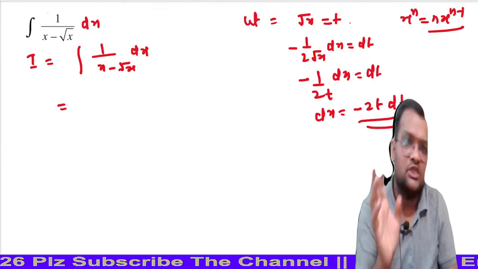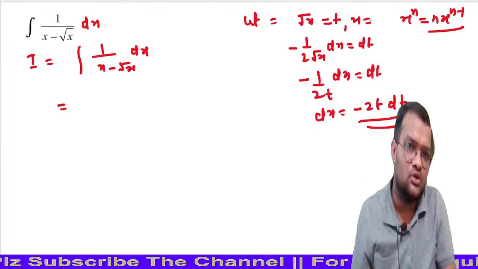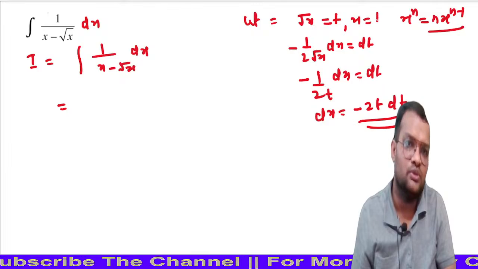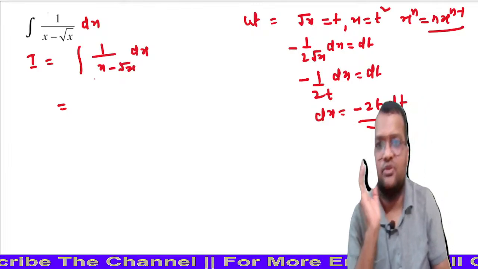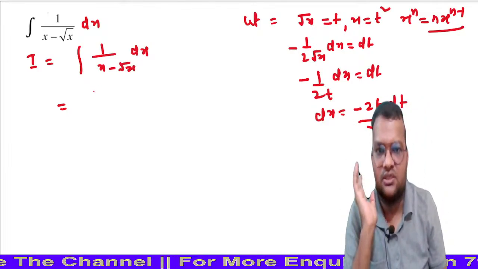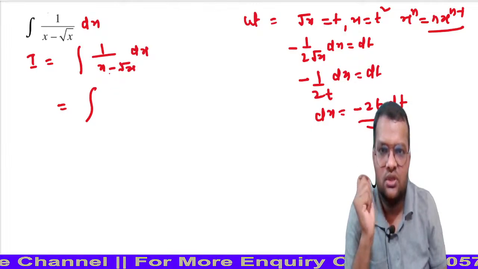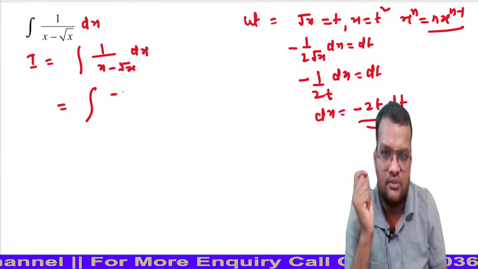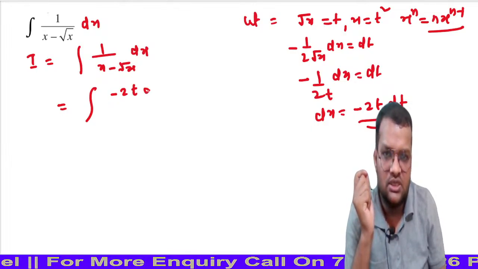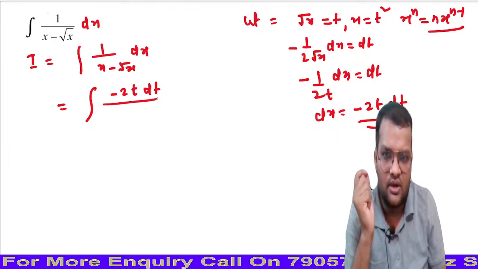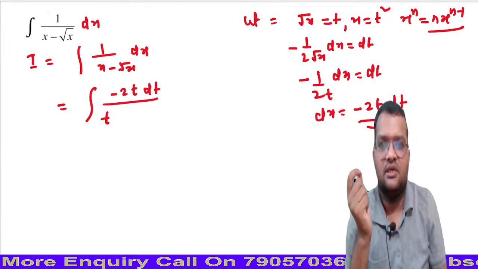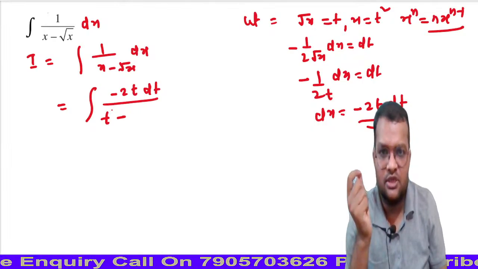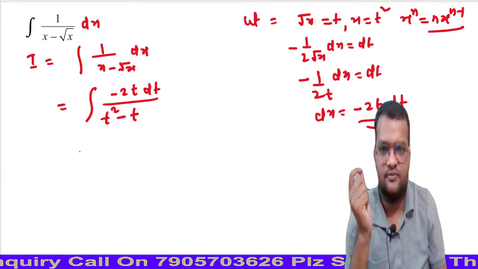And root x is equal to t, so x is equal to t square. Now you can replace here all values. So dx you can write minus 2t dt upon x become t square and root x is equal to t.